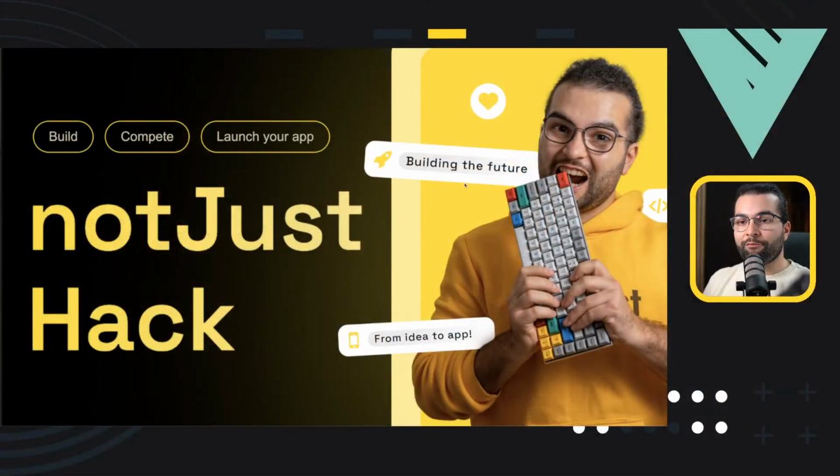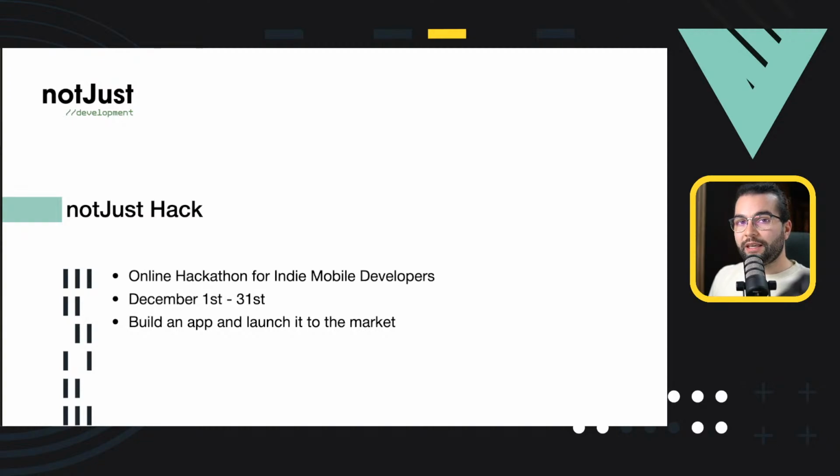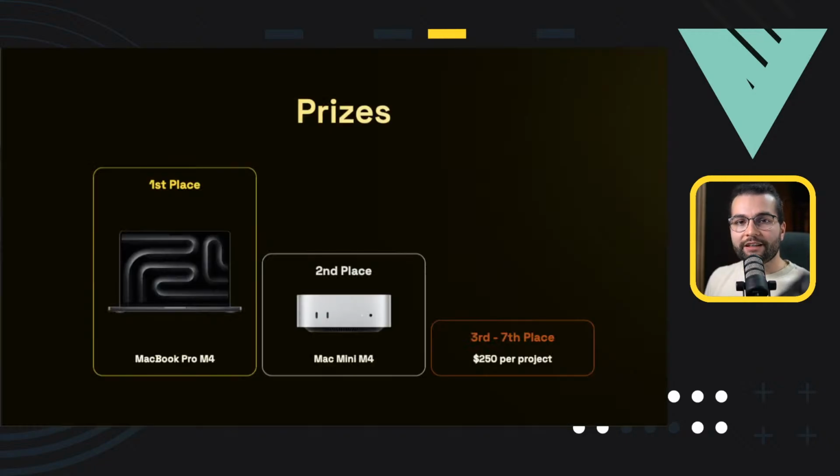This application I'm building part of the Notjust hackathon, and if you don't know about that, this is our online hackathon that we are organizing for the month of December for mobile developers. All you have to do is build and launch an application to the market and submit your entry by the 31st December. And you have a chance to win amazing prizes such as a MacBook Pro M4.